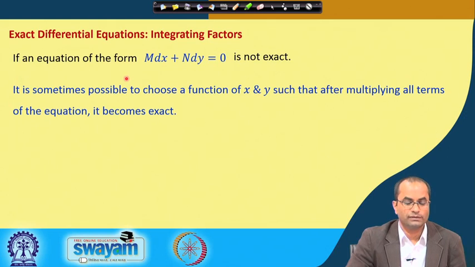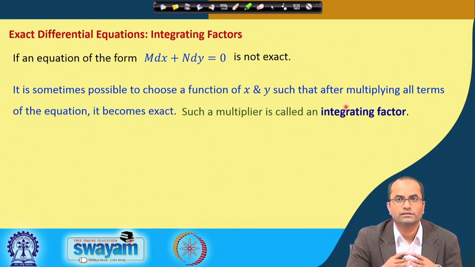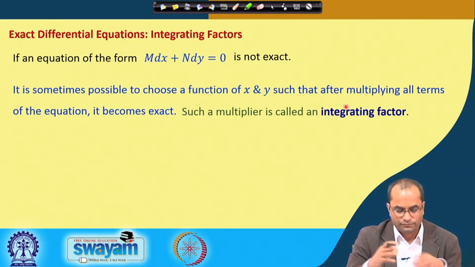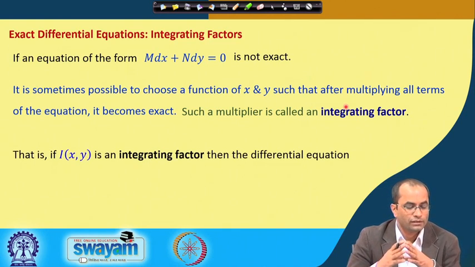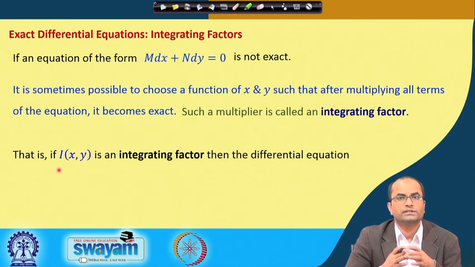Such a multiplier is called the integrating factor. The notation we will usually use for this is I(x, y).